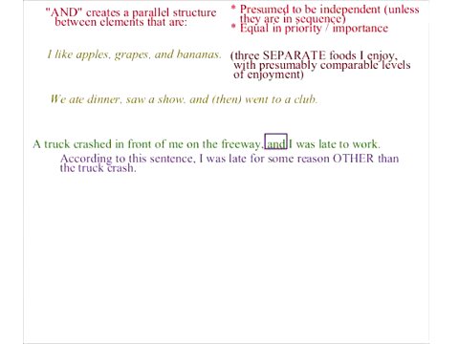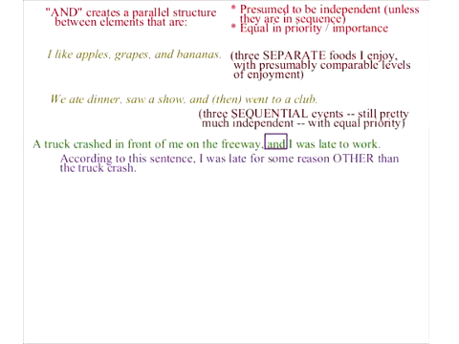These are three sequential events, still not really dependent on the other, still pretty much independent, with none subordinate to the other, with about equal priority. So this is the way that you use the word and.